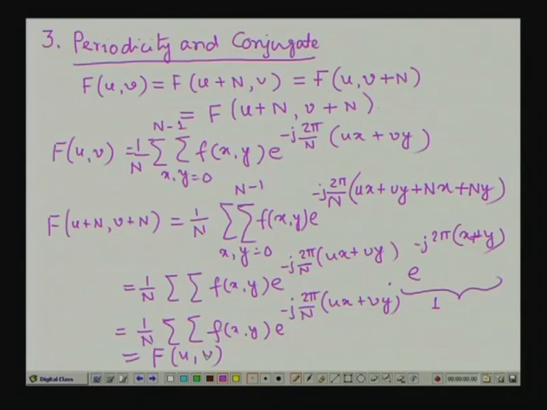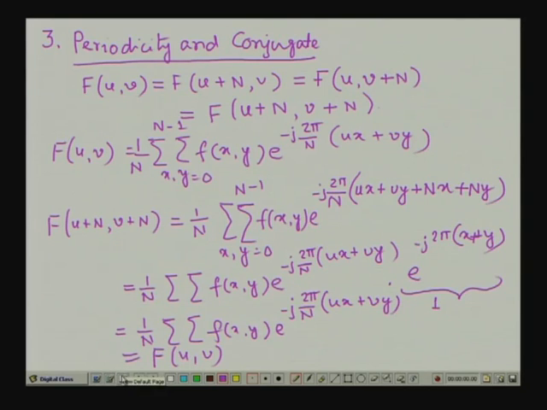By this mathematical derivation, we have found that F(u+N, v+N) is the same as F(u,v), and the same is true in the case of the inverse Fourier transformation. If we derive the inverse Fourier transformation, we will get a similar result, showing that the inverse Fourier transformation is also periodic with period capital N.